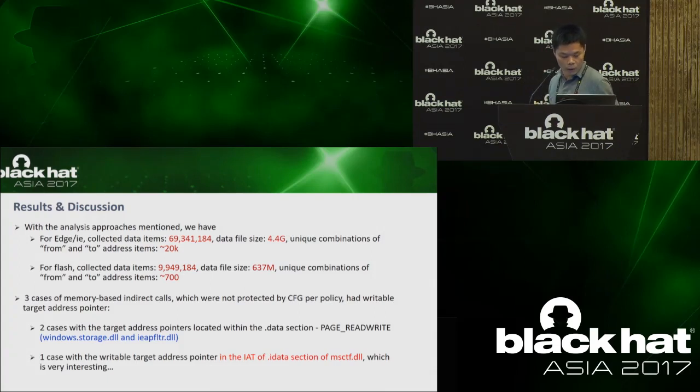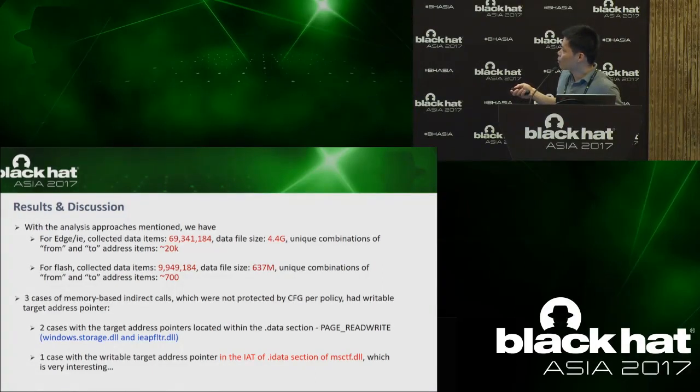Also on Flash, we collected about 9 million indirect calls, and the data file size is about 600 megabytes. After big data processing, we ended up with about 700 calls.